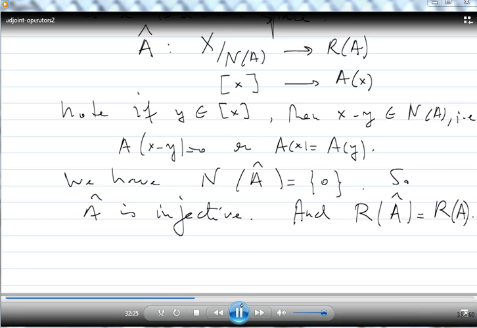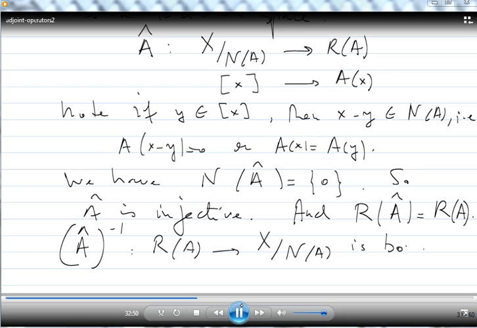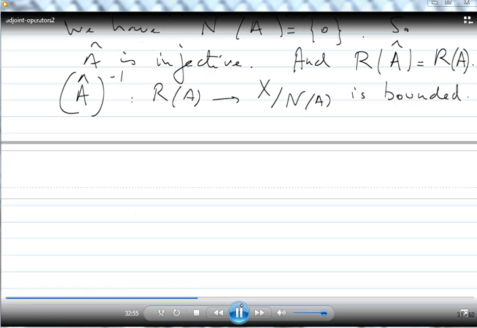Everything is Banach here, so through the closed graph theorem, A hat inverse, which goes from R of A into X quotient N of A, is a bounded operator, as well as A hat, by the way. Okay, great.